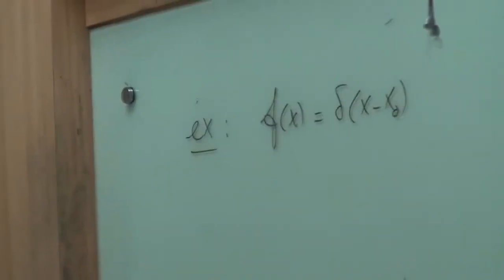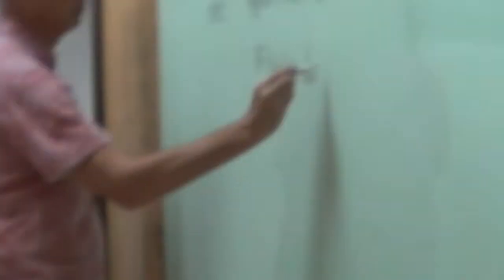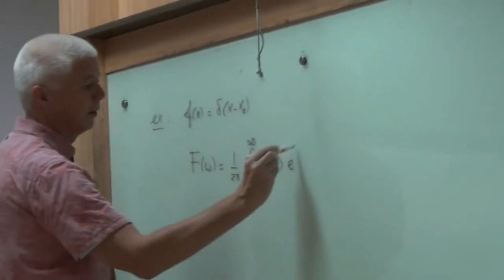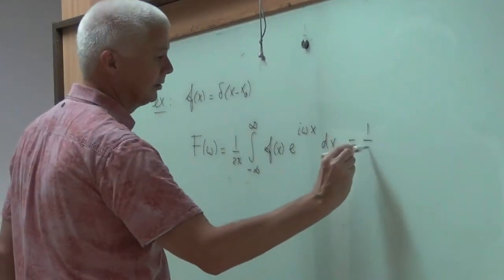What do we encounter further? If we consider Green's functions, we encounter delta functions. So I would like to know, if I take the delta function over here, what is the function in the omega space? So I will compute f(omega), by definition, that's 1 over 2 pi, integral from minus infinity to plus infinity of f(x) e to the power i omega x dx.